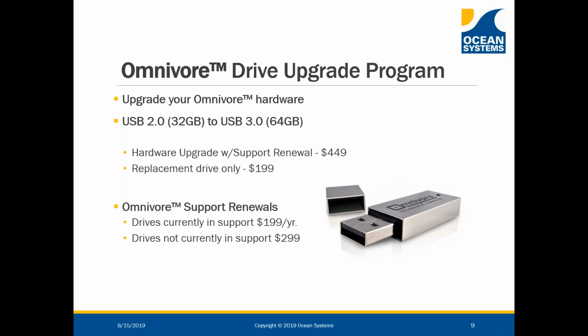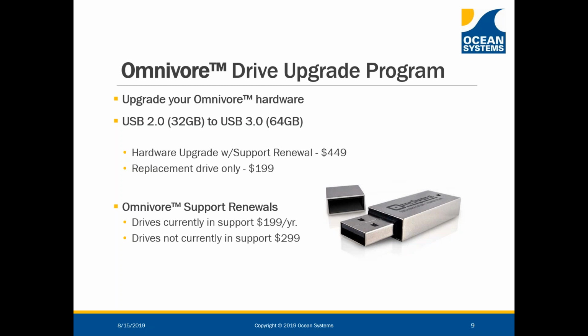They are going to go bad over time, and in this case, we do have a drive upgrade program in place. That upgrade program is $449 for upgrading your hardware and renewing your support, or just replacing the drive, only $199, and we'll replace your 2.0 drive with a newer 3.0 drive, double your storage capacity on that device.